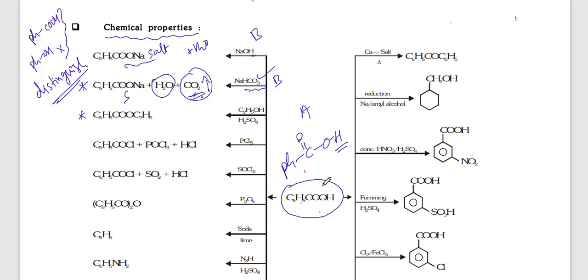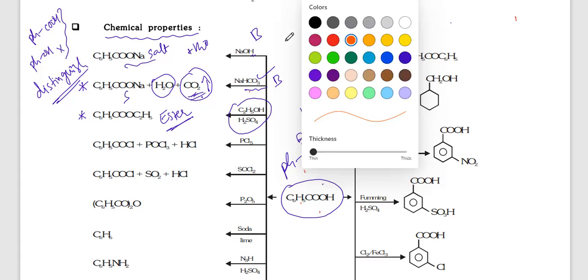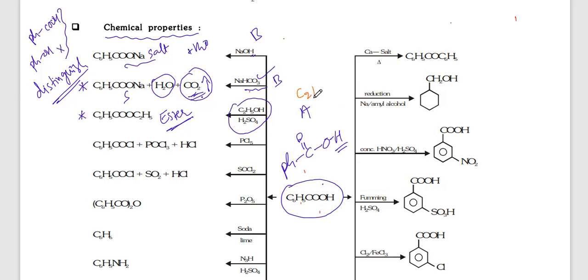Next, carboxylic acid and alcohol. Acid plus alcohol in the acidic medium, we know that it forms ester. Again here also an important thing: suppose I take the alcohol C2H5OH. Which oxygen is here? Just go through like this, H and OH.